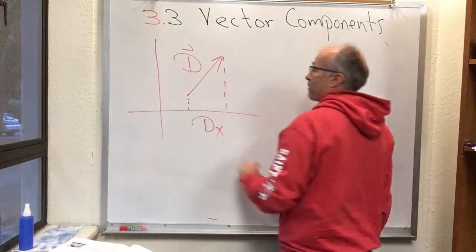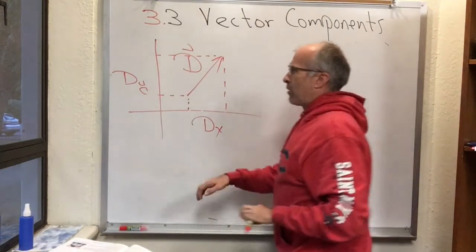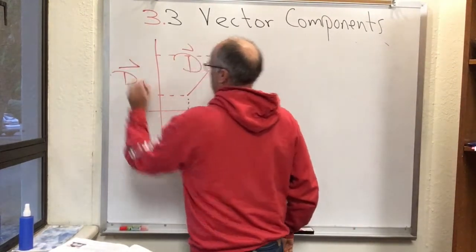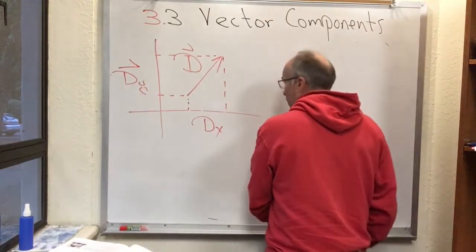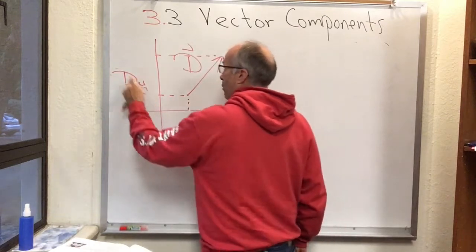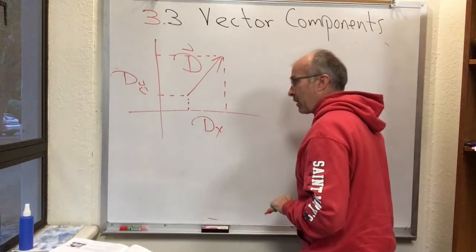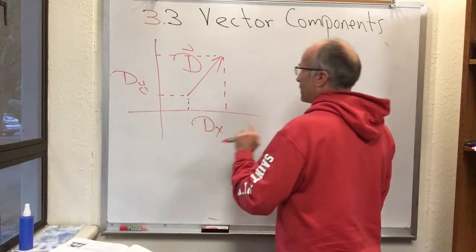Whereas d was a vector. These are numbers, this is a vector. So don't be drawing vector signs over your vector components. The y component of d is a scalar. It's a number, maybe with units, but it's a number.